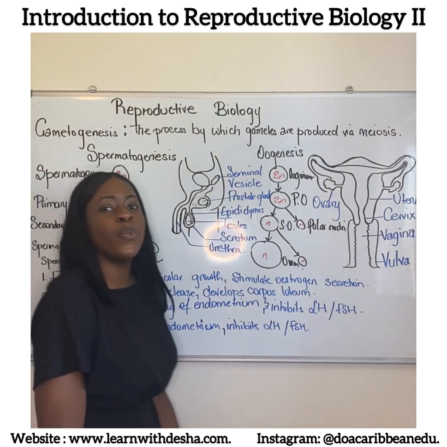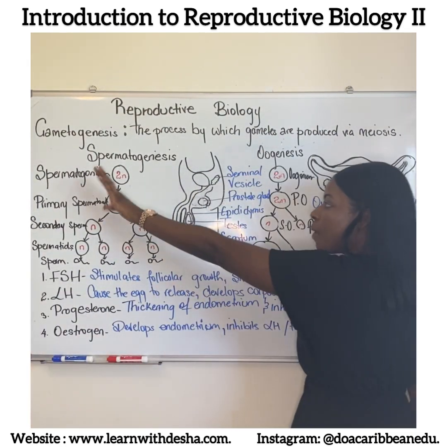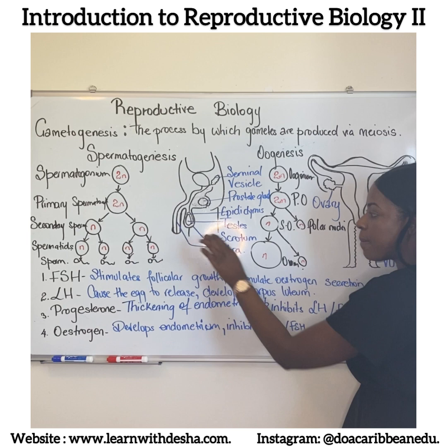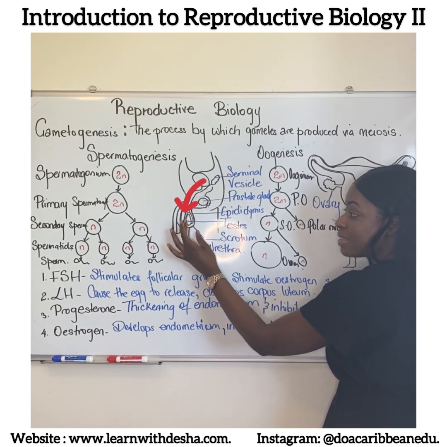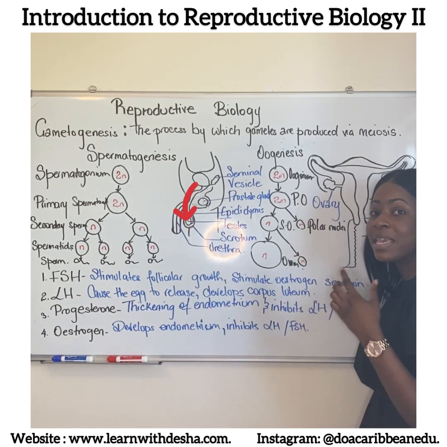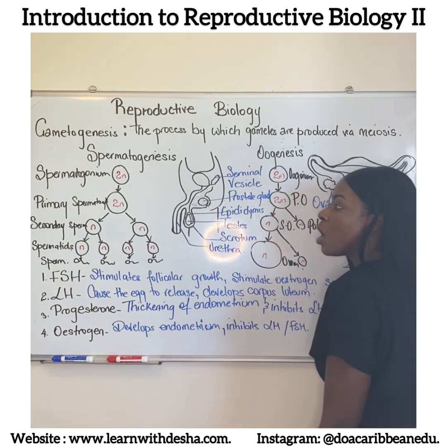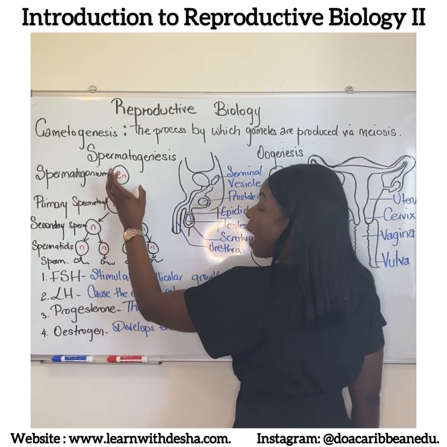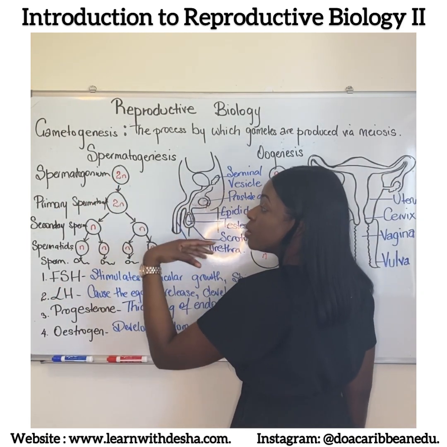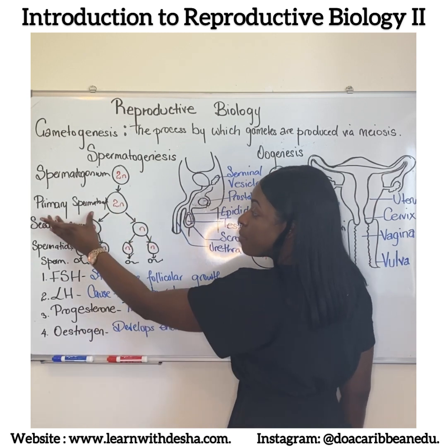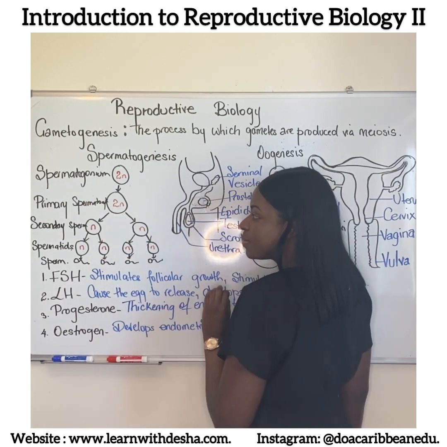Now let's start with the males. Spermatogenesis occurs in the seminiferous tubules in the testes, and the process begins at puberty. Now, a spermatogonium, which is diploid, undergoes mitosis to form a primary spermatocyte.